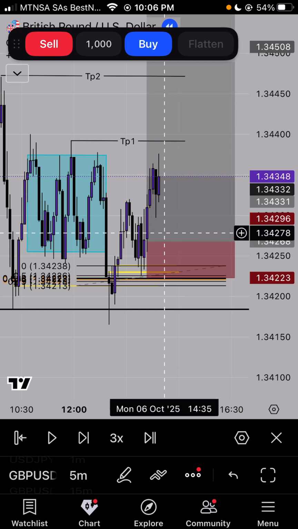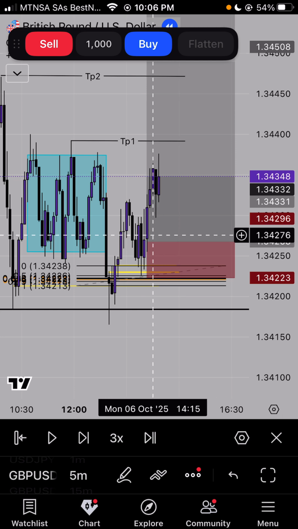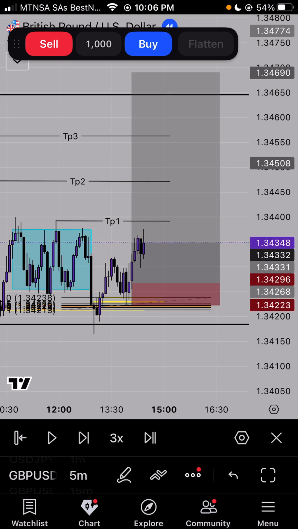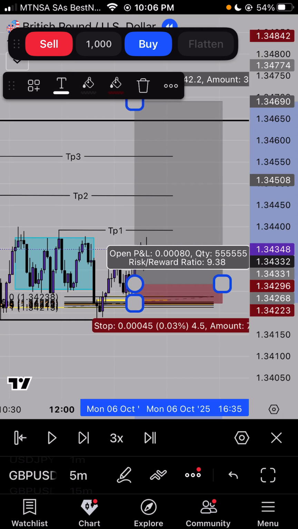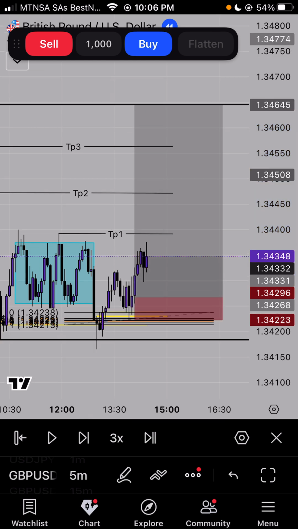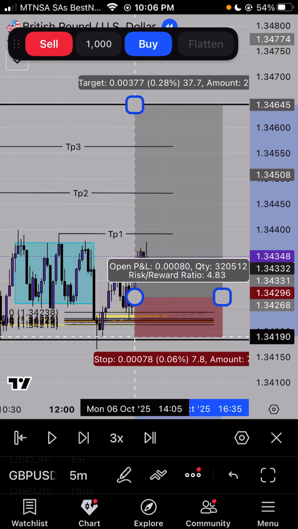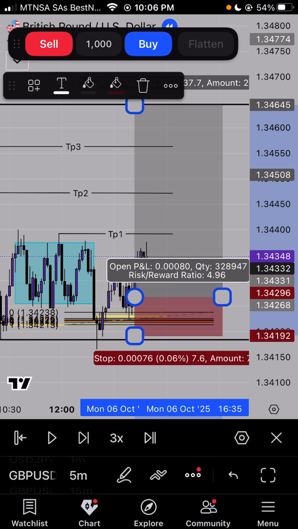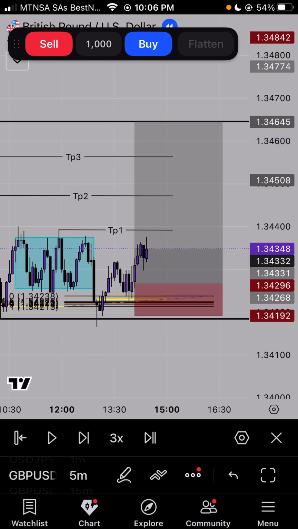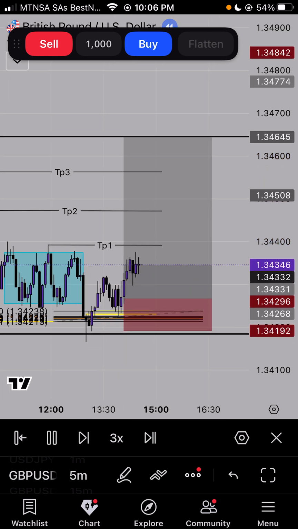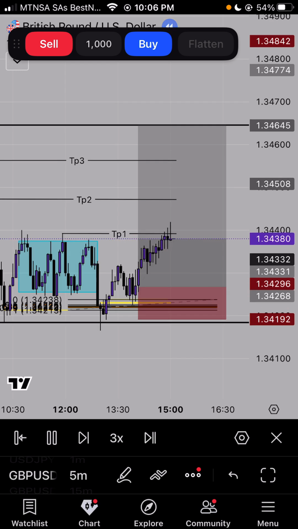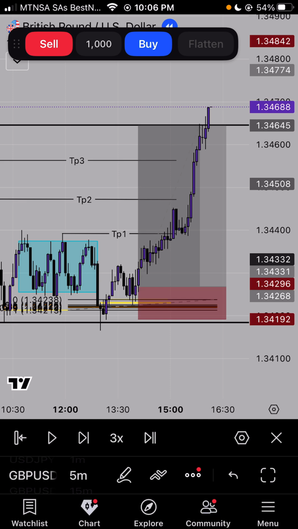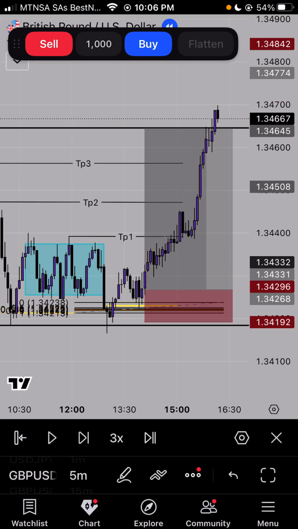It was the first time I took a trade based off that rejection. Then I waited for that high, and the stop loss was I think here or something. But like I said, with this entry model, stop loss can be very very tight, and this is basically how the trade went. After I gave the signal, it went straight into profits.